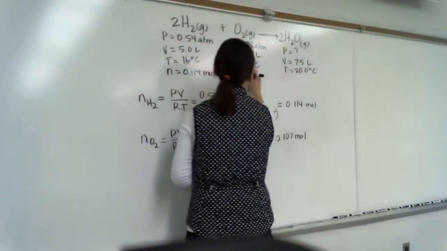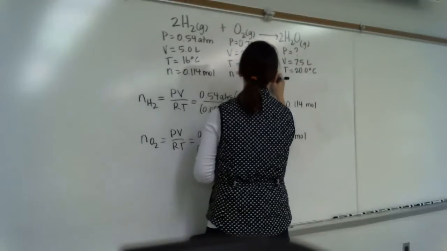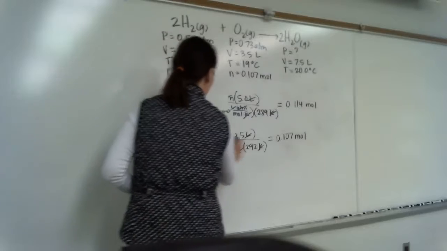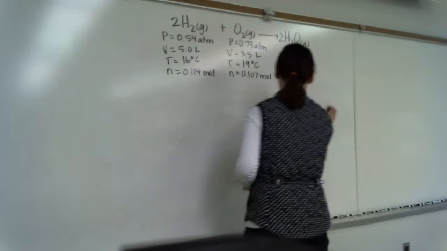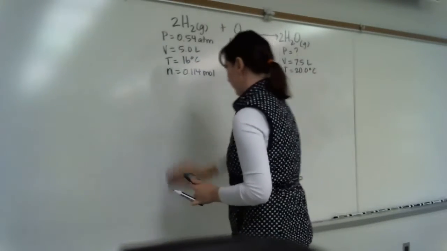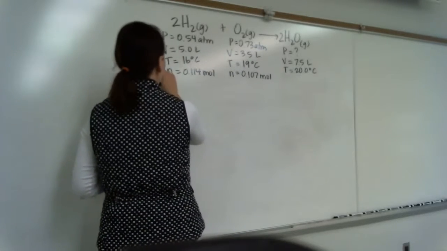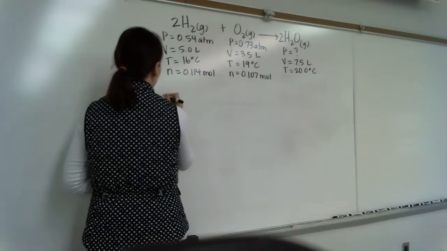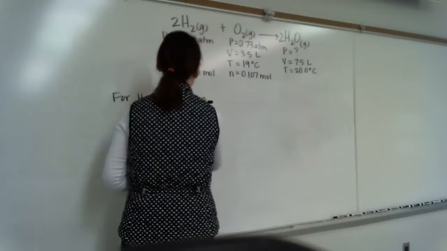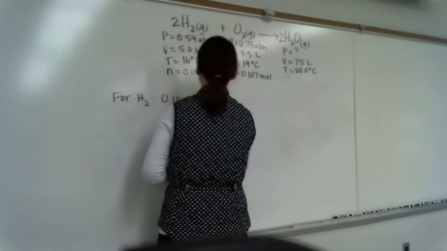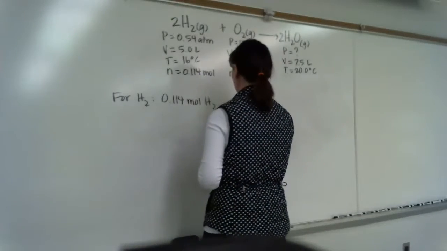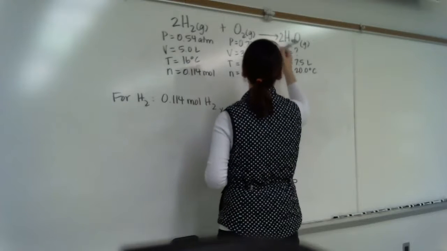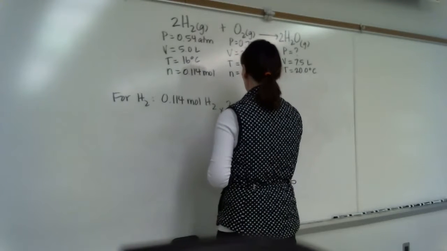N equals. Okay, so now what am I going to do? What's my second step? We need to do a mole ratio. So let's do it for H2. 0.114 moles H2 for every 2 that I use, I make 2 of water vapor.